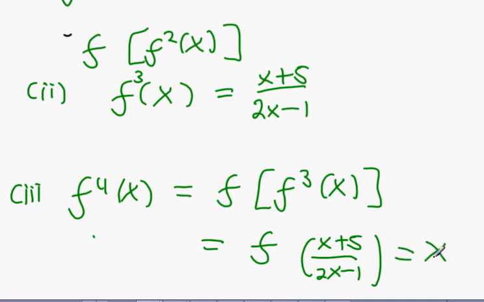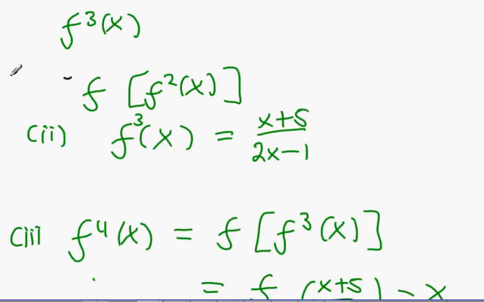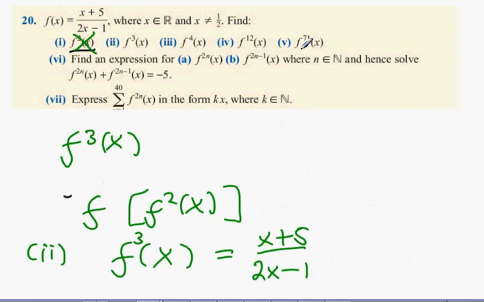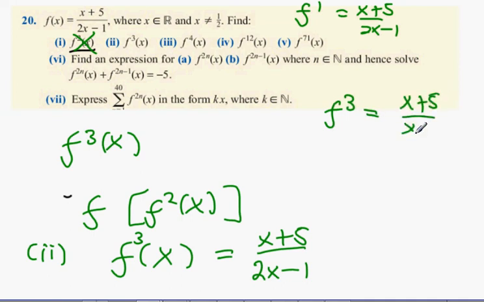So look at this. f1, which is f of x, is x plus 5 over 2x minus 1. f2 is x. f3 is back where it was. f4 is x. What's f5? x plus 5 over 2x minus 1. You're getting the gist now, aren't you?